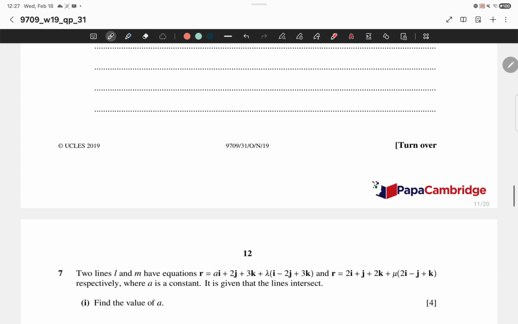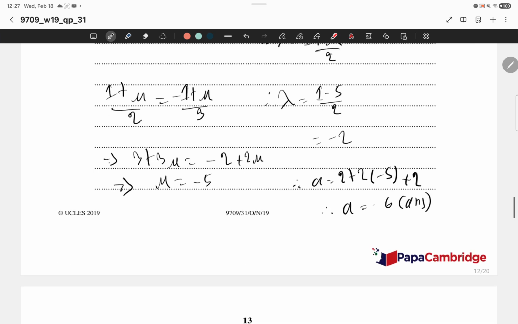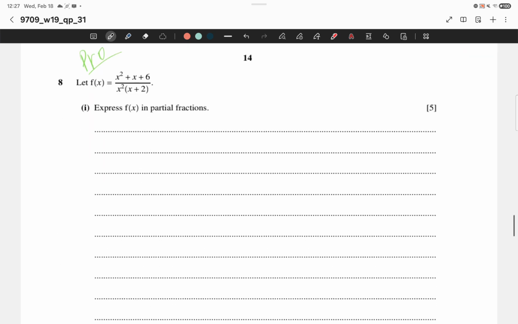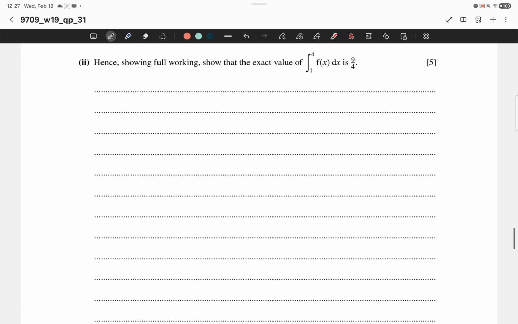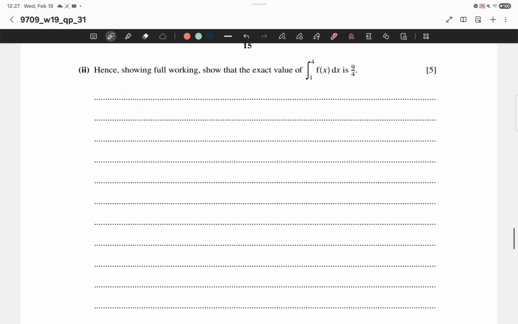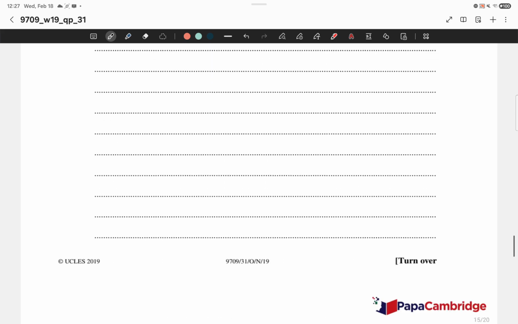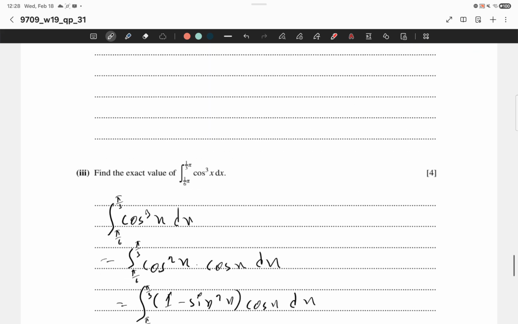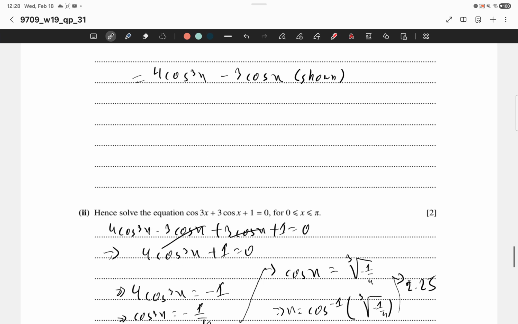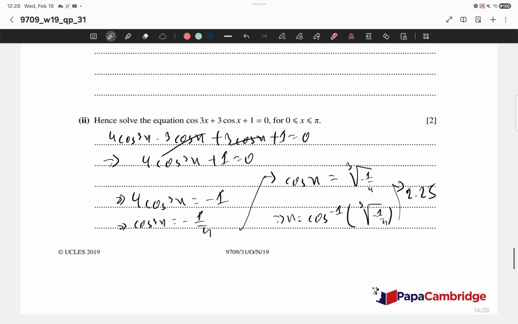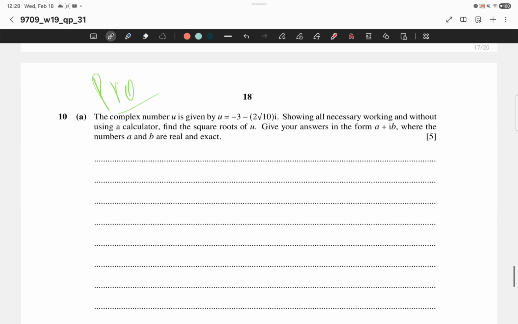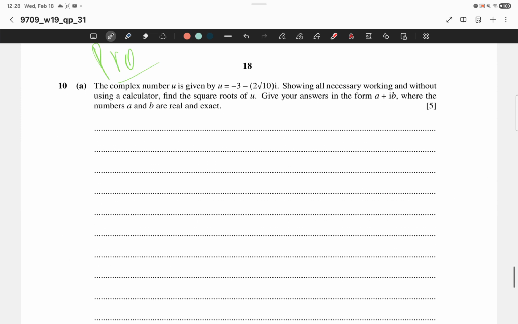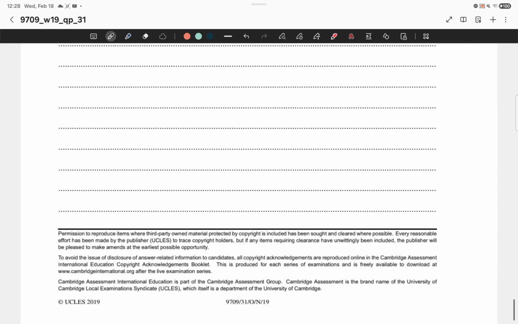And this is done. So I guess I only have partial fractions left. That's pretty easy, now that I've done it, but I will do it in the next part. It's really late at night. Then there's another integration, was it completed? I don't remember, I need to see. And I just need to do this complex number question.